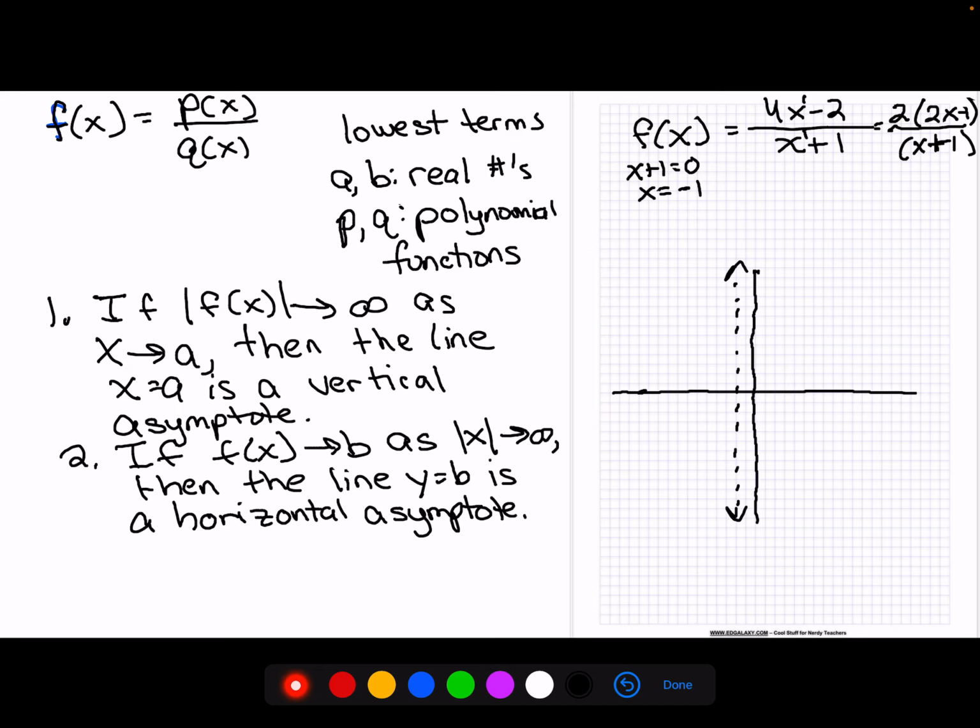So then the horizontal asymptote is y equals the ratio of the leading coefficients. So 4 over 1, which is 4. So y equals 4 would be the horizontal asymptote.